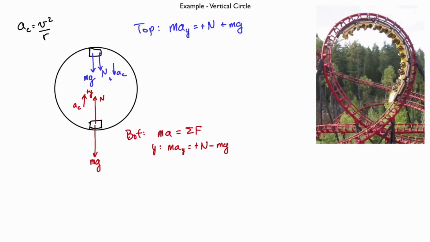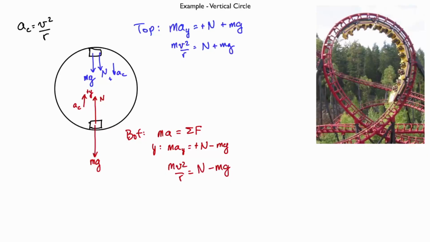We'll do something with them at the end. But basically, I can go ahead and substitute v squared over r in for the acceleration in both of these equations. And really, that makes it mv squared over r.